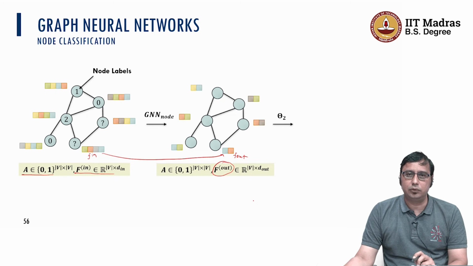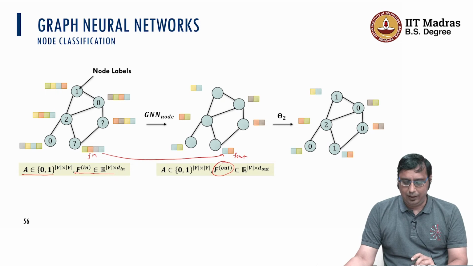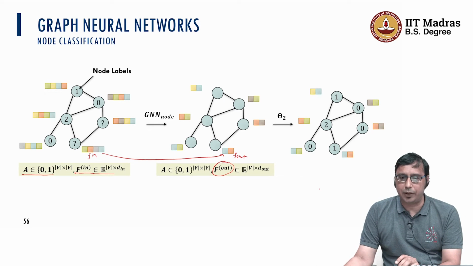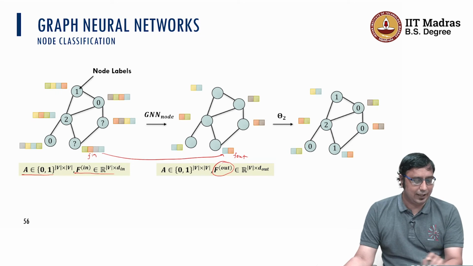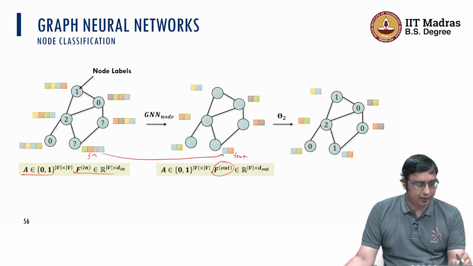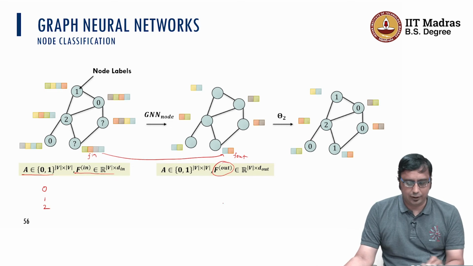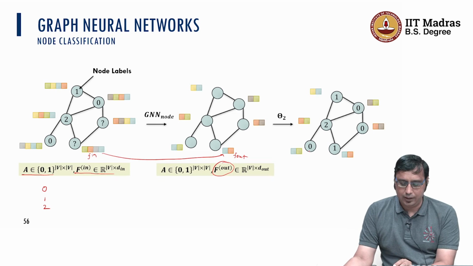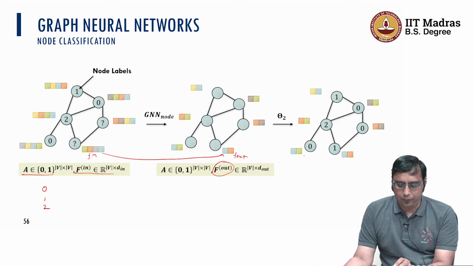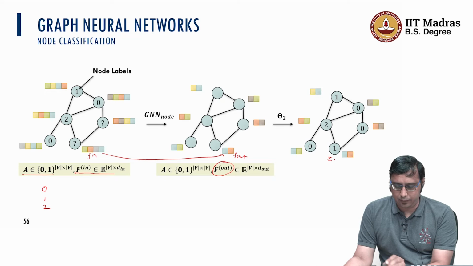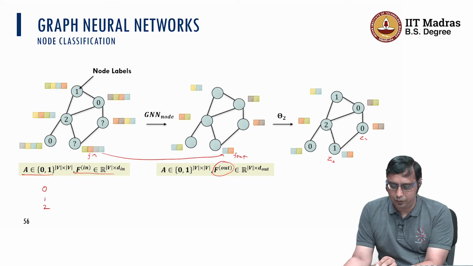for all the nodes. And in this particular case, I'm going to look at the distribution associated with each class. There are three classes here. Remember that we have classes 0, 1 and 2, and we'll have a distribution Z for this particular node, and Z for this particular node.